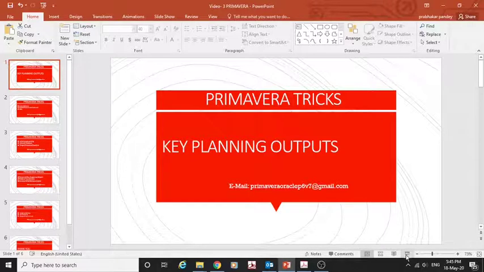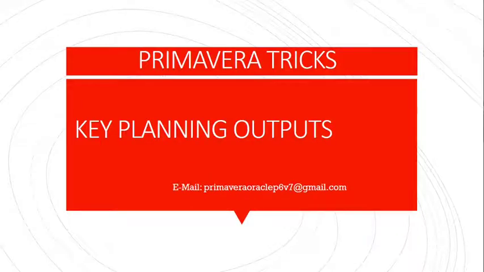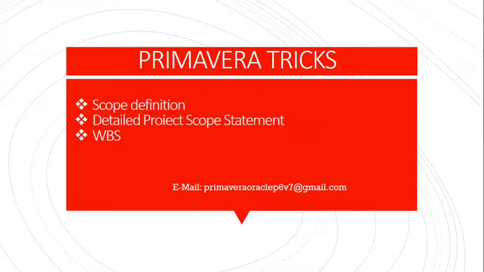So let's get started. These are the pre-planning outputs, and we should have all of these before starting with Primavera P6. We should have the scope definition of the specific project and the detailed project statement that is included in the contract and bid document.